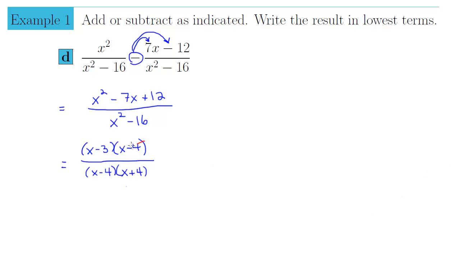In this case, notice that we can cancel the common factor of x minus 4. That leaves us in the numerator with simply x minus 3 times 1, which is x minus 3, and 1 times x plus 4 in the denominator, which is simply x plus 4. So our final answer is x minus 3 over x plus 4.